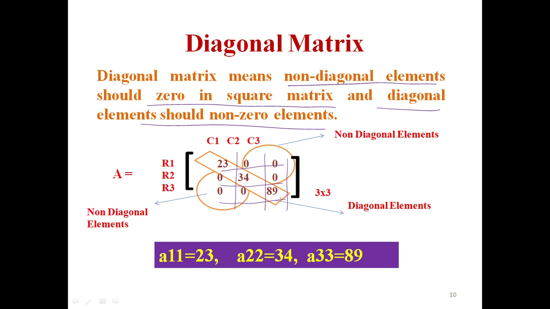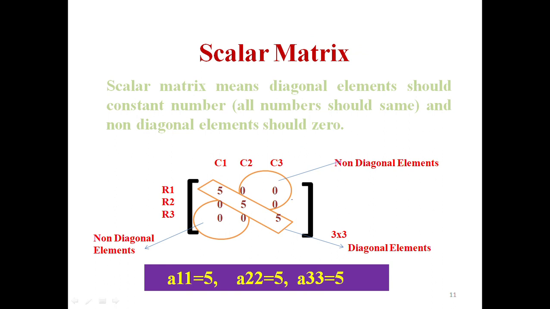If anyone asks you the value of row second, column second, that is 34, because A11's value is 23, A12's value is 0, A13's value is 0, A21's value is 0, A22's value is 34, A23's value is 0, A31's value is 0, A32's value is 0, and A33 is 89.